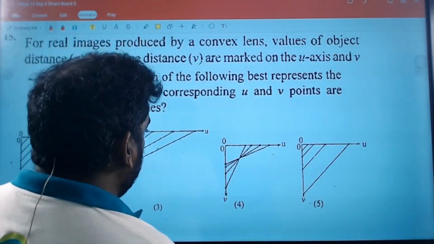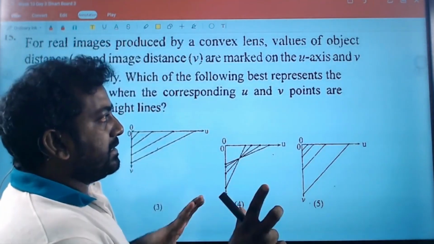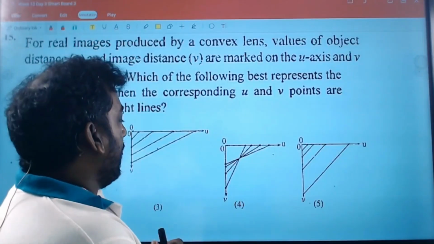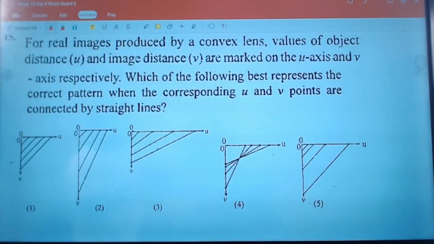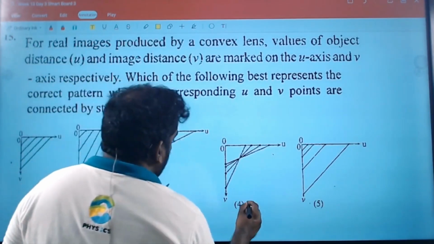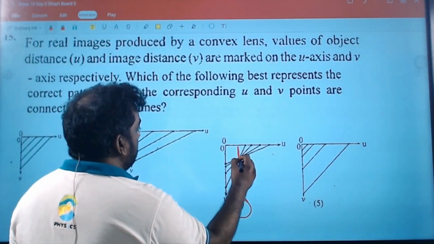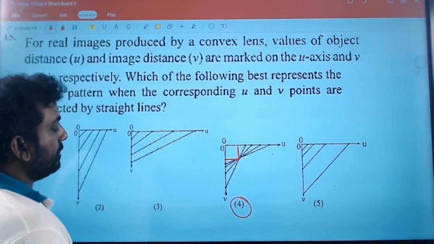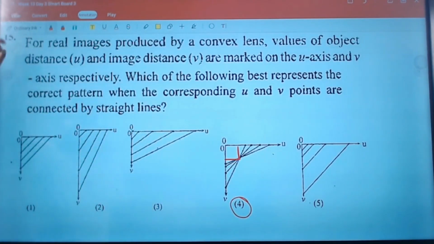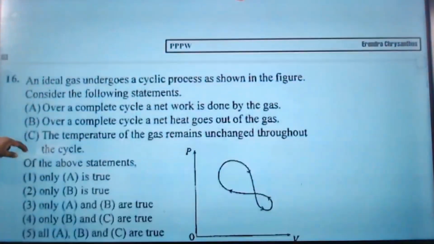So here, object distance and image distances are equal at certain locations. So the most suitable answer will be answer number 4. Why? There is always a place where the object distance and image distance are the same. Correct answer, answer number 4, reversibility of light.